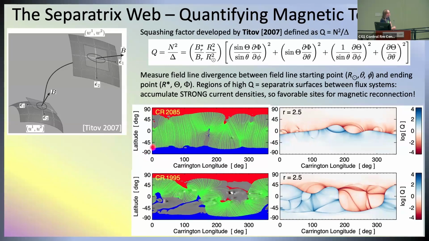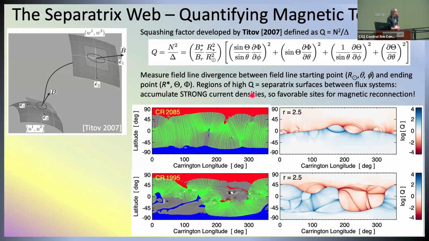If I wanted to describe how complex all of those magnetic flux systems were that were interacting and causing the solar wind to come out, one way to do that was invented by this guy, Slava Titov.